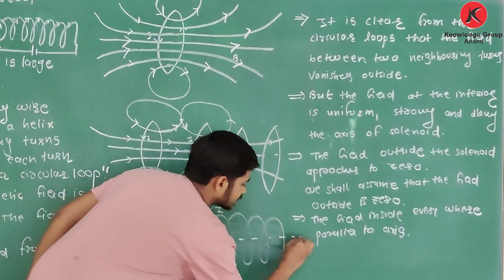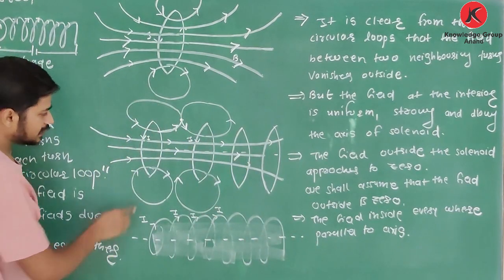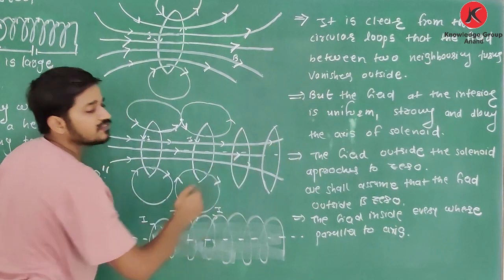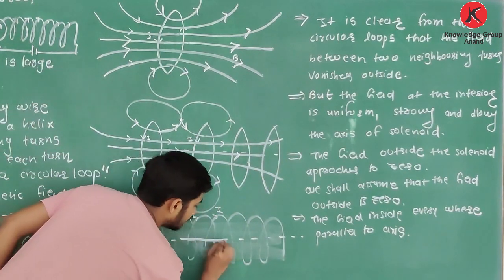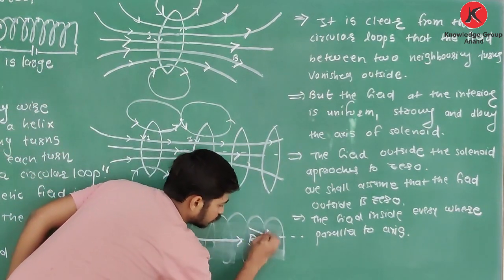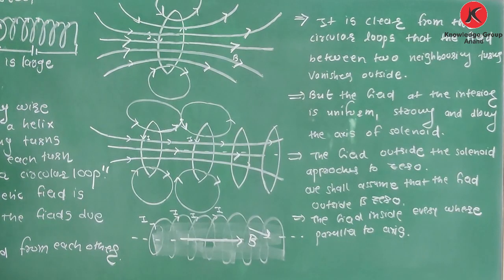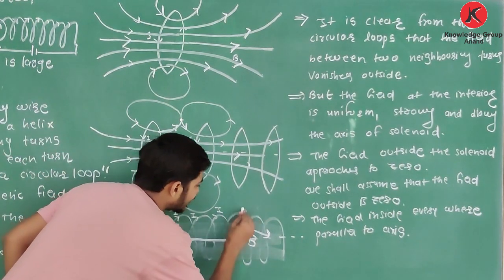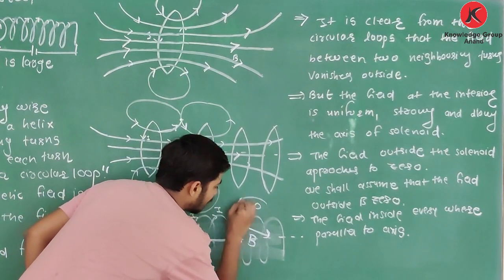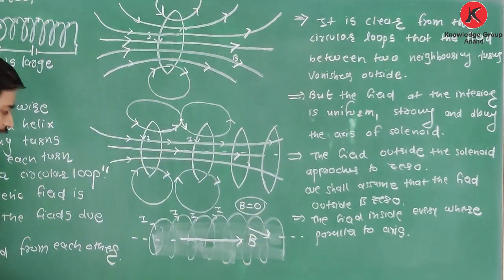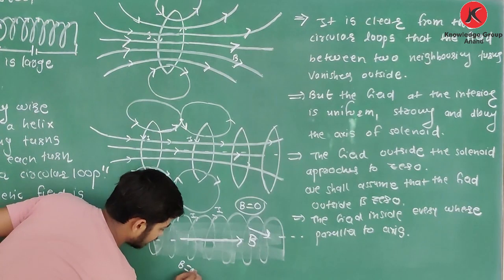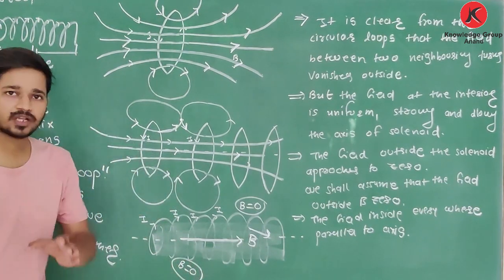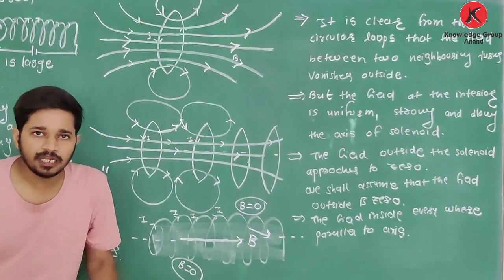If this is the axis of the solenoid, see, all these arrows are in this direction. It means the magnetic field is parallel to the axis. While outside the solenoid, the magnetic field is 0. Clear about this?